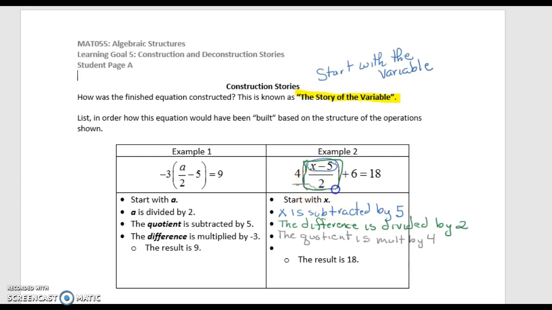So this entire thing now, this product, 4 times that, is being added by 6. So that's this piece right here being added by that 6.